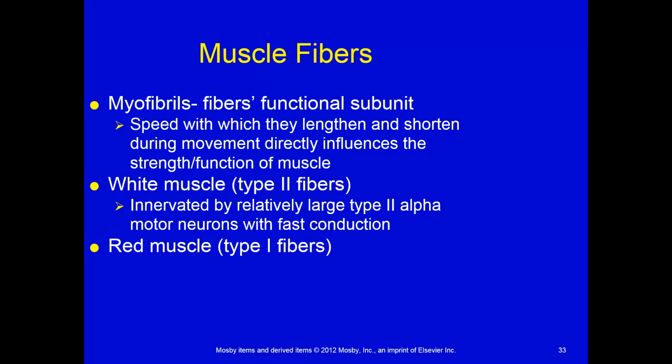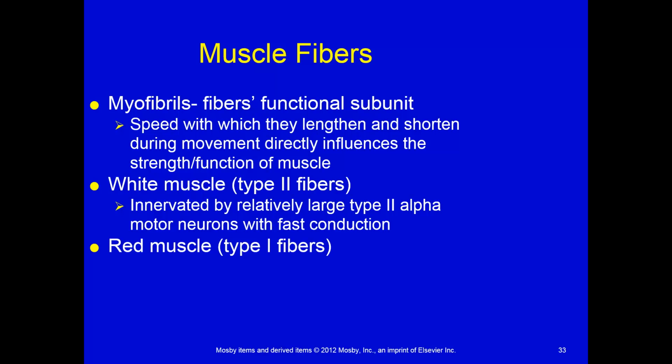We've got type 2 fibers and type 1 fibers. Now, type 2 fibers are innervated by relatively large type 2 alpha motor neurons that have very fast conduction.